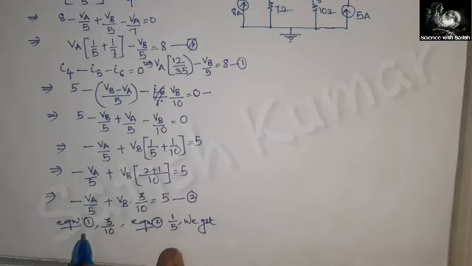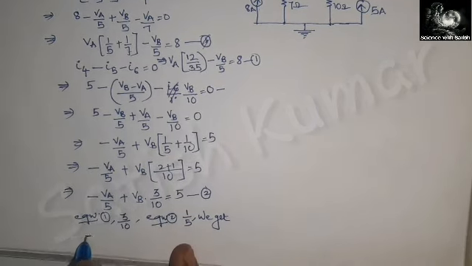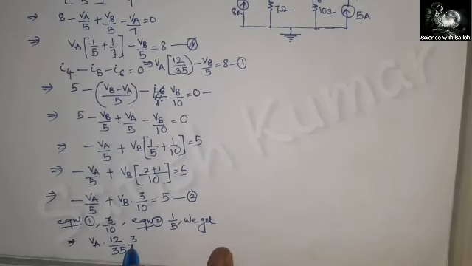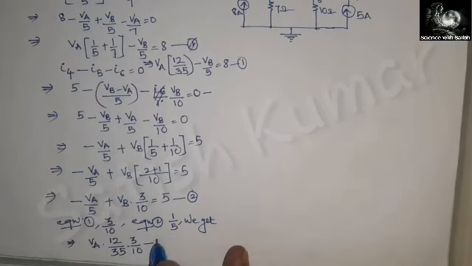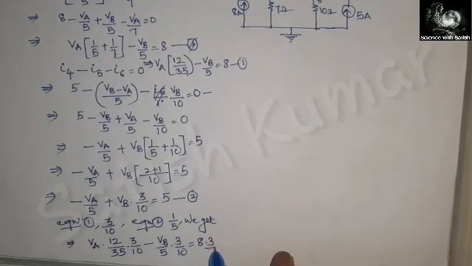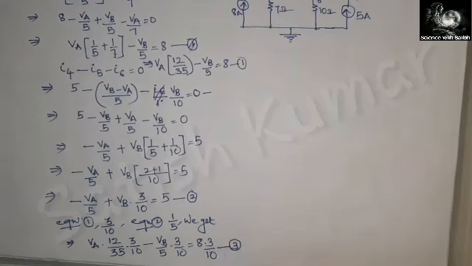Now, the first equation is VA into 12 by 35 into 3 by 10 minus VB by 5 into 3 by 10 is equal to 8 into 3 by 10. This is equation 3.